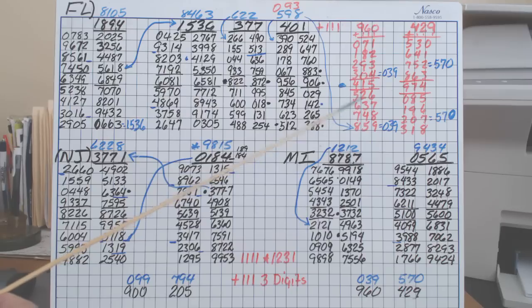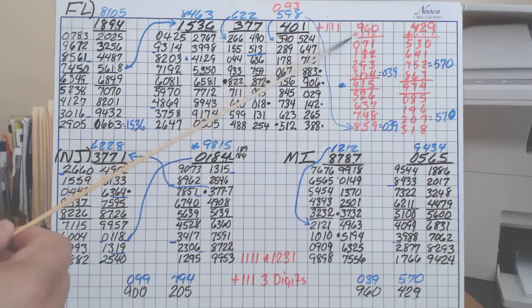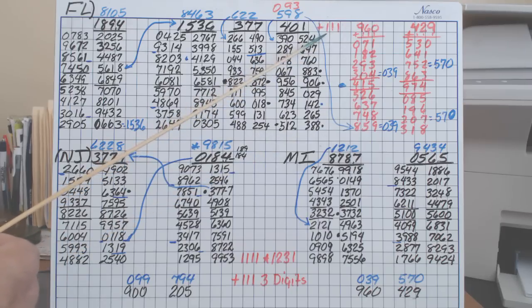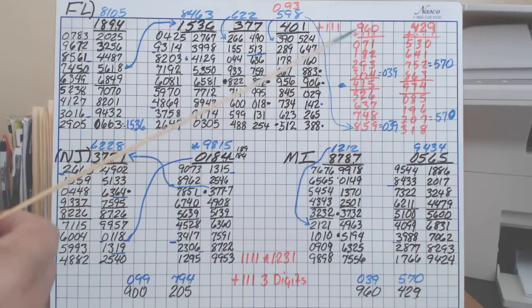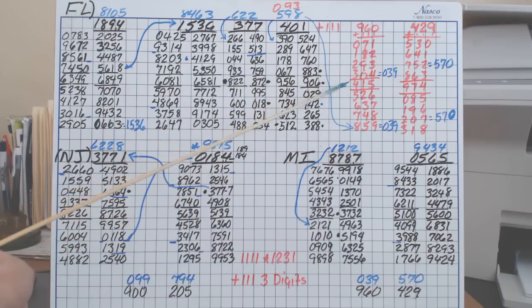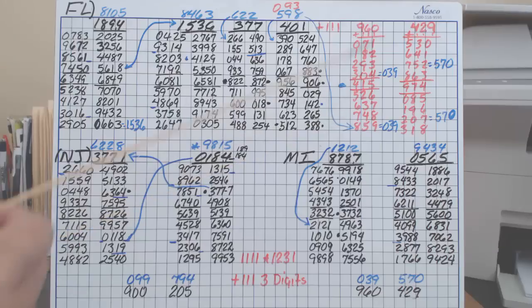I did a video on the 1111 plus, but this is the first video I've done with the 111 in 3 digits. And see, of course, most of the numbers are your crossovers that it will relate back to.